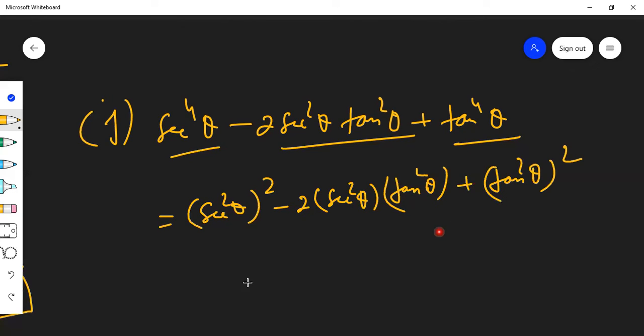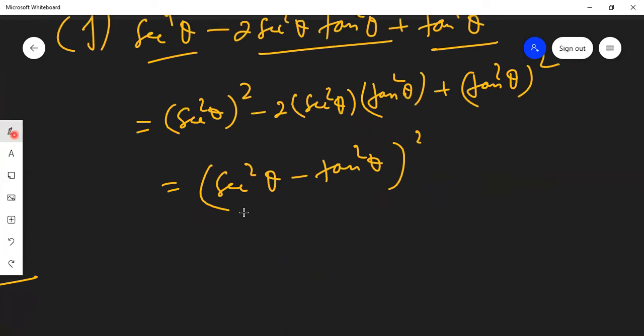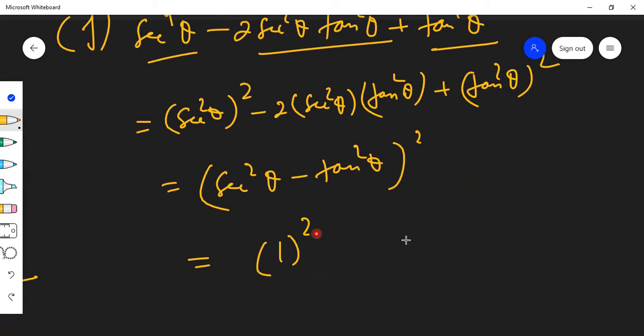This can be written as sec square theta minus tan square theta, whole square. A little bit of algebra we used. Now sec square theta minus tan square theta, we know this identity, which is 1, and the square of 1 is 1. Answer is 1.